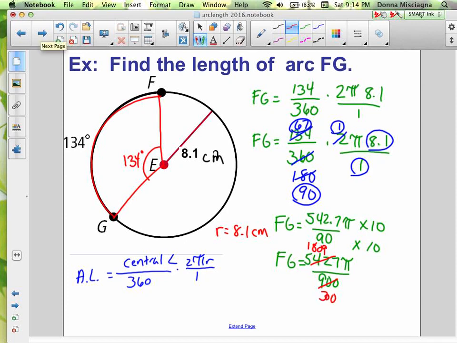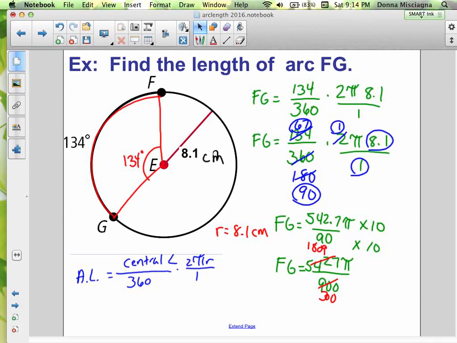Now 1809 is still divisible by 3. So guess what? We've got to divide one more time because 300 is also divisible by 3. Maybe I should move this down a little bit just so it doesn't get too crowded. So this is our tricky problem.